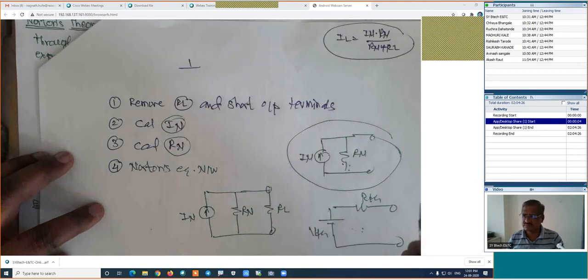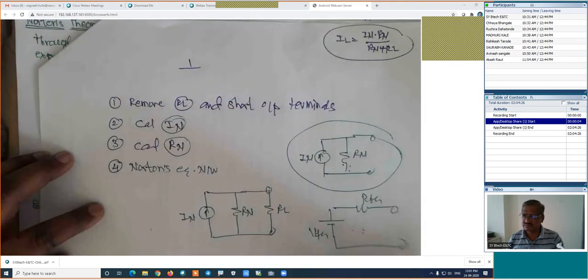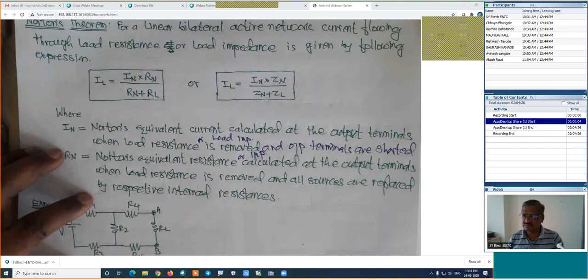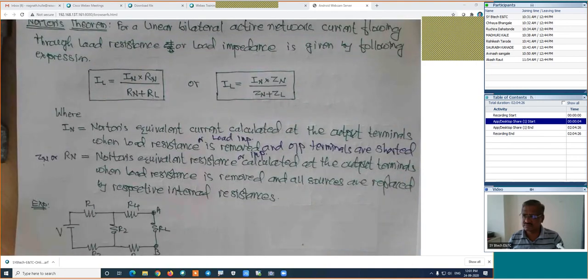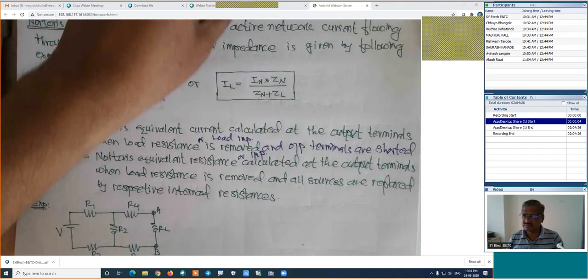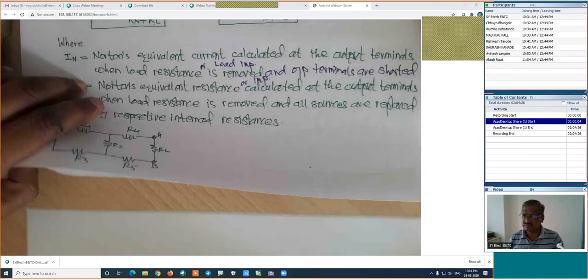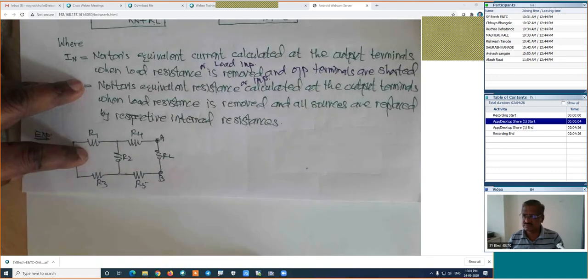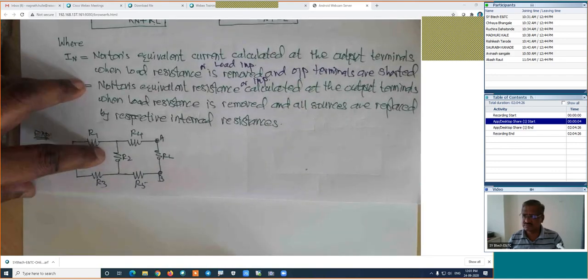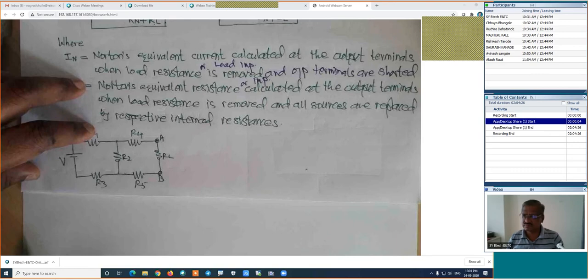You see here, these are the steps, and I will use similar steps for these calculations. I will use this first step. How is the first step? Removing the load resistance. I will write the first step here.